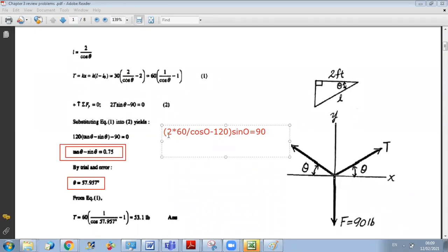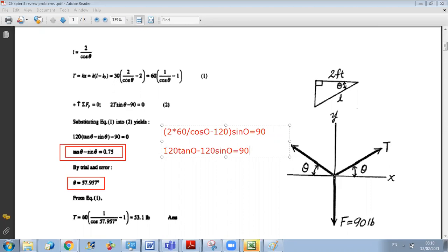Okay, so now if you do the expansion here, what do you have? You have first 2, it's 120 sine over cosine. What is sine theta over cosine theta? It's tangent theta. Okay, so tangent of theta, and minus 120 sine theta equals to 90.